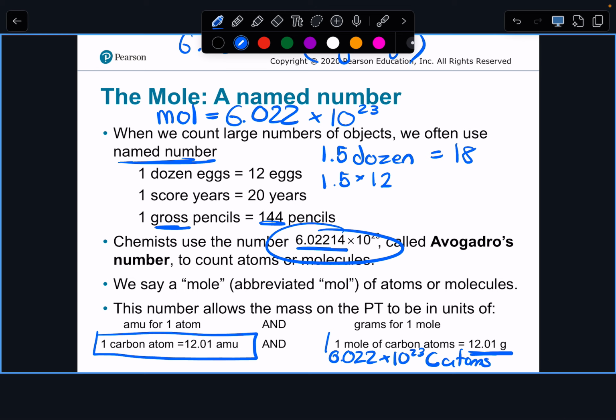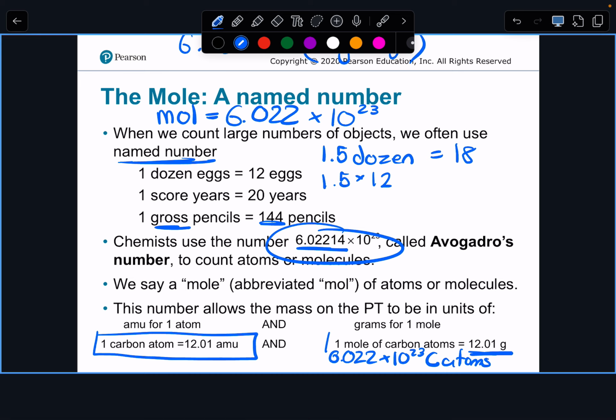So this is like a tablespoon of ground up charcoal, which would weigh 12.01 grams. So the number on the periodic table is unitless because it can be AMU if you're talking about a single atom, or it can be grams if you're talking about a mole of atoms.